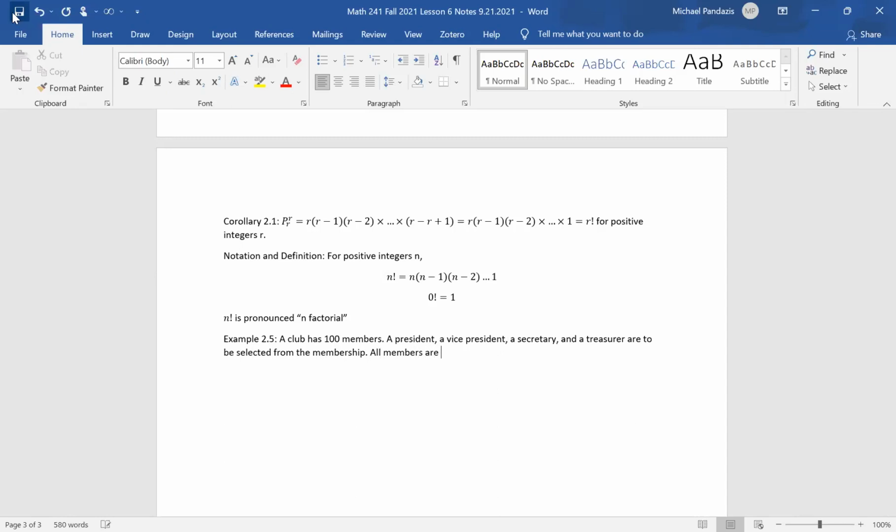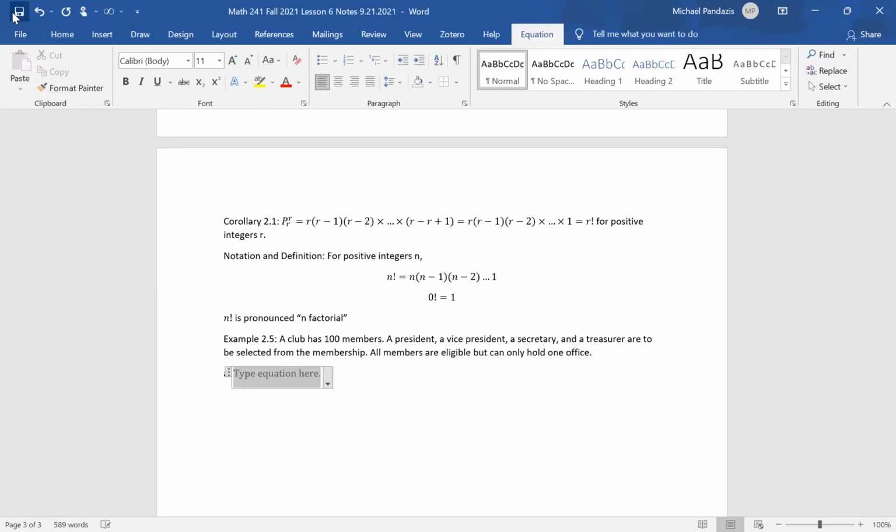All members are eligible, but can only hold one office. Okay, so part A is: find the number of distinct choices of officers.